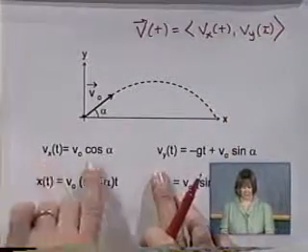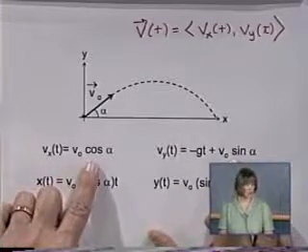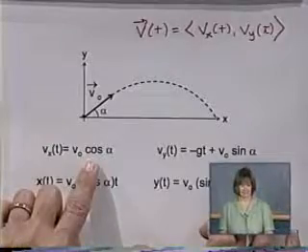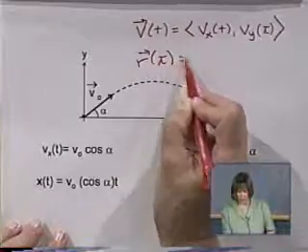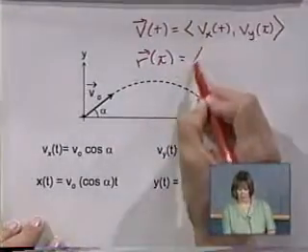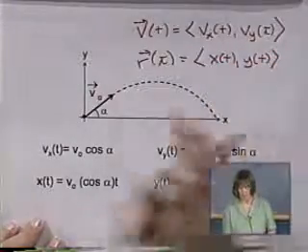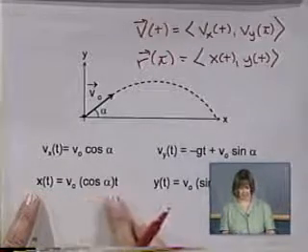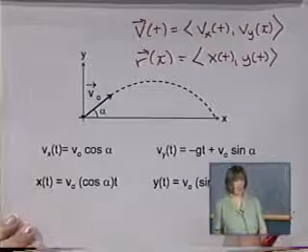V sub x is equal to this, v sub y is equal to this. This is saying in the x direction I'm going this fast, in the y direction I'm going this fast. In addition, you might want to say, where is the projectile? Where is it right now at time t? It will have an x component and a y component. We just figured out the x coordinate of where the object is given by this equation, and the y coordinate is given by this equation.